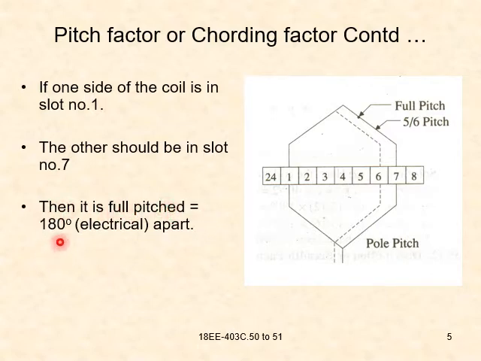As I said previously, only then is it called a full pitch, which is 180 degrees electrical apart. That means both sides are 180 degrees electrical apart.